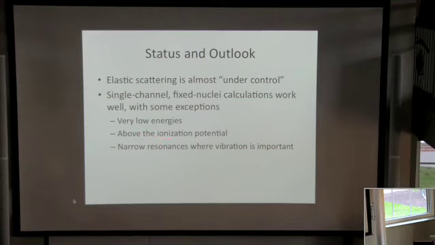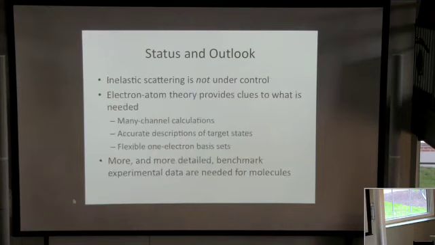That coupling to the ion channel is significant. Again, one knows how to fix it. You can use pseudostates or use a complex absorbing potential, but something would have to be done. Also, even the single channel fixed nuclear calculations, they work well, but they're not going to do too well when you have narrow resonances where vibrations can be important. So that's the status and outlook for elastic scattering.